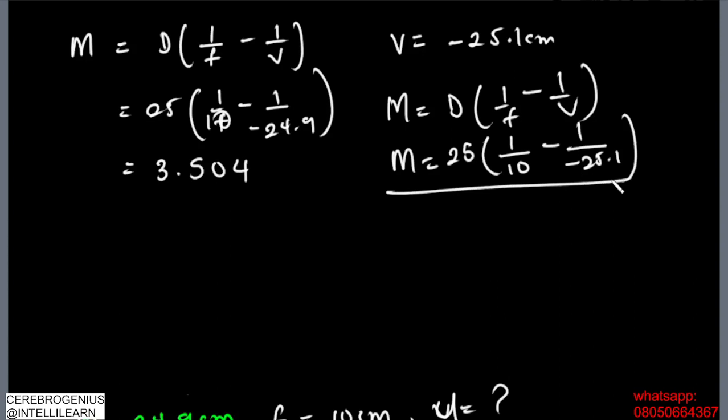That's why we are using the formula for microscope. So we have 1 over 10 plus 1 over 25.1. You see that you get an answer that is less than 3.5. Look at that, 3.496. So that means that at this stage it can function as a microscope. So we're supposed to use the formula for magnification of microscope for it.